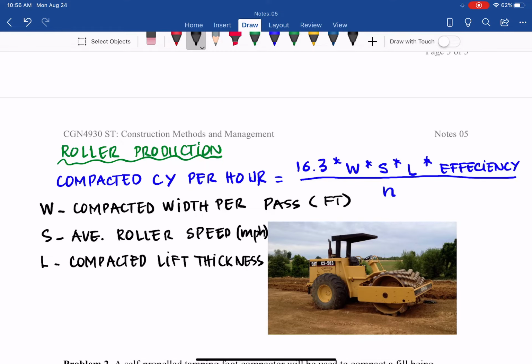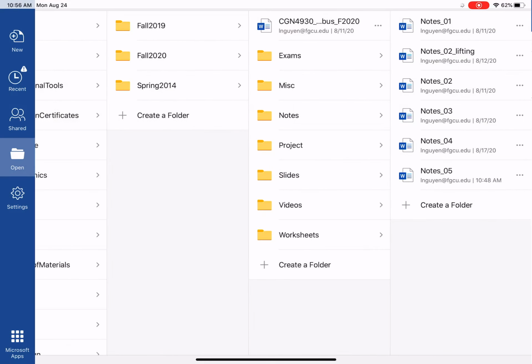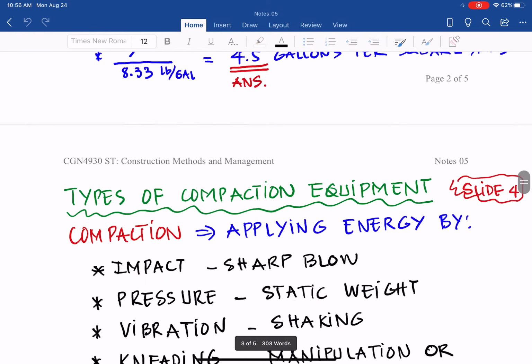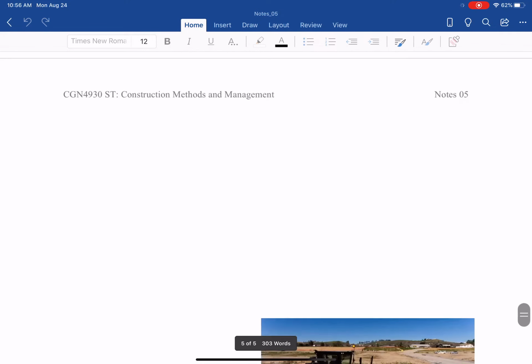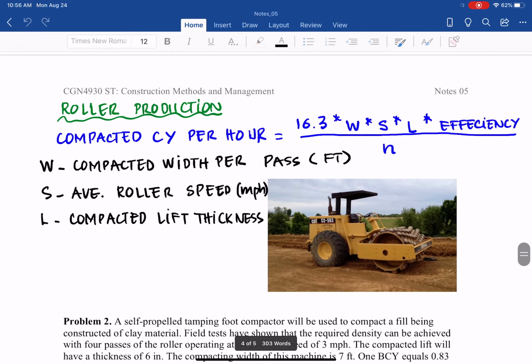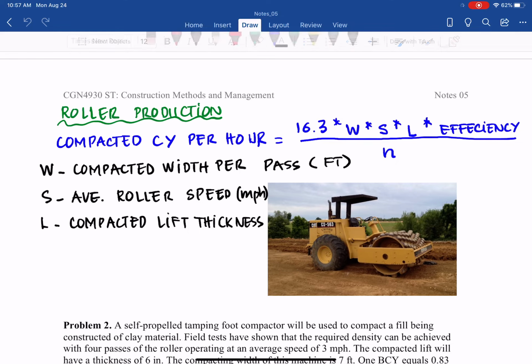In the previous problem 1, we used feet and did the conversion, but with this equation they already consider the unit conversion, and you can see the number here, 16.3, is already included with the unit conversion.